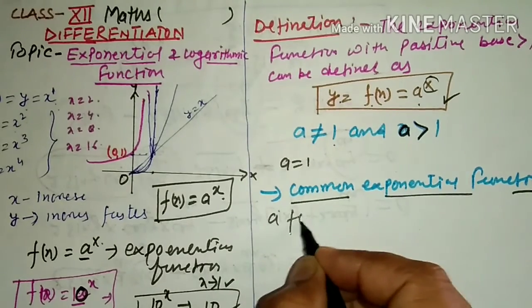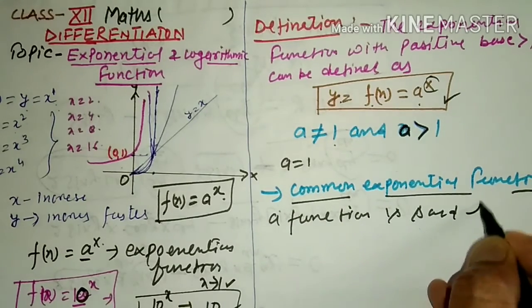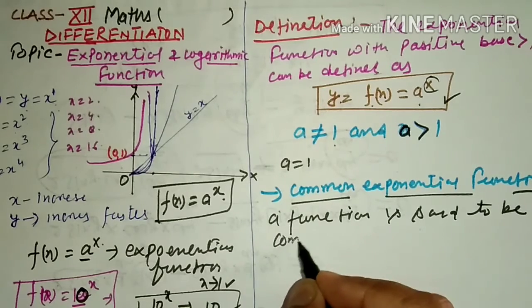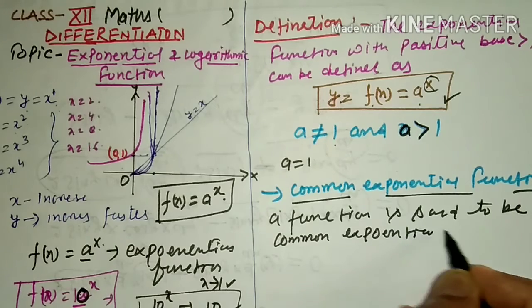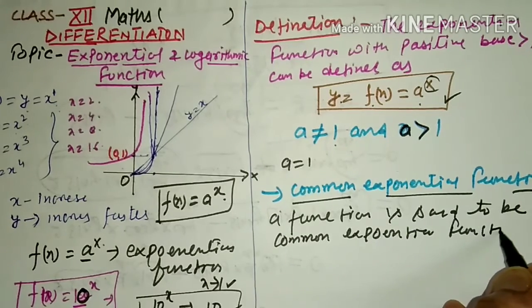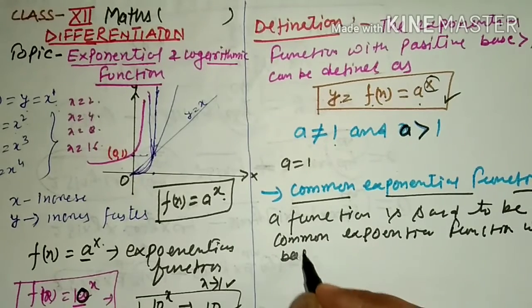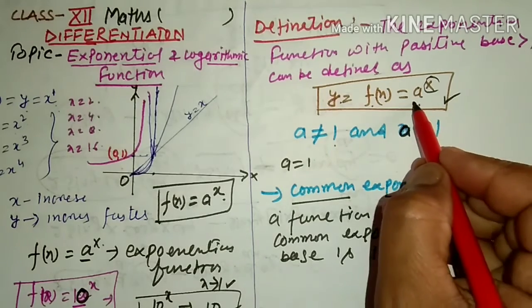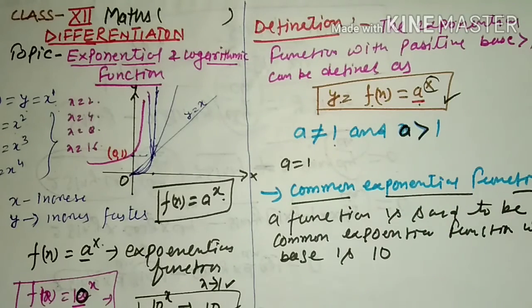A function is said to be common exponential function whose base is 10. क्लियर? जिसका बेस 10 है, मीन्स a यहाँ पे वेरिएबल है, अगर हम इसकी पोजीशन पे 10 ले लेते हैं तो वो कॉमन एक्सपोनेंशियल फंक्शन होगा.